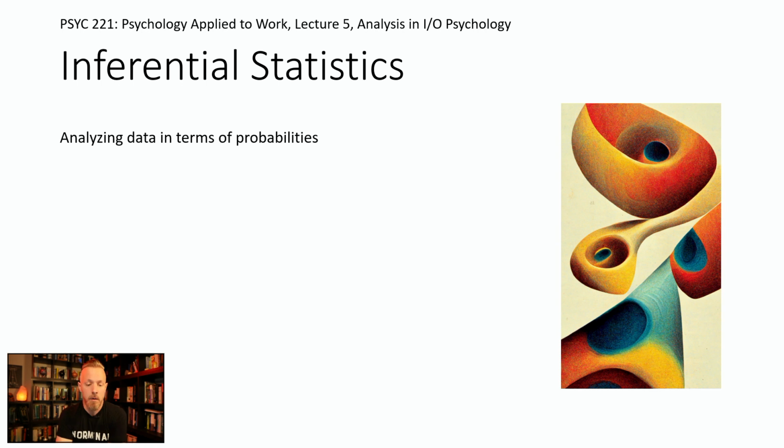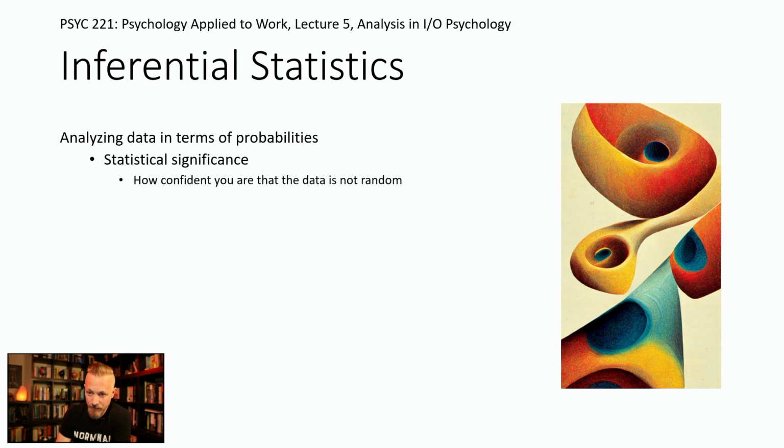Those are the heights of the 1,000 women at the Scandinavian sporting event that you measured. But another way of looking at data is in terms of probability and statistical significance, which is to say, okay, I see this data. How can I do my analysis that says that this is not due to randomness?